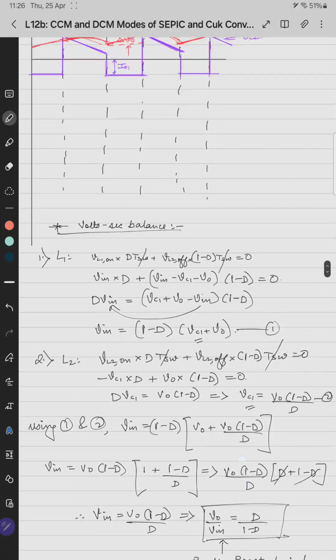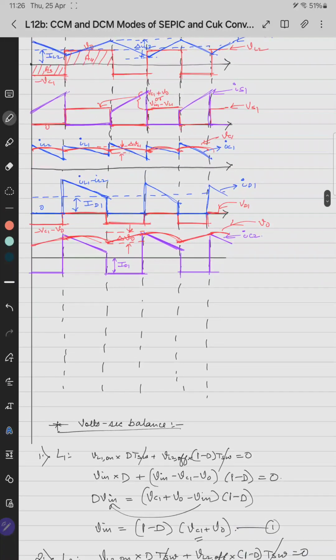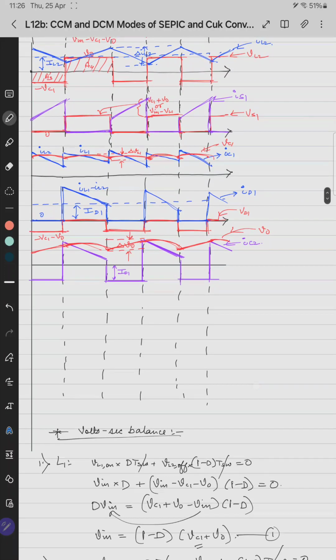So what is IC2 on and IC2 off? So this is minus ID1. And what is this? IL1 minus IL2.